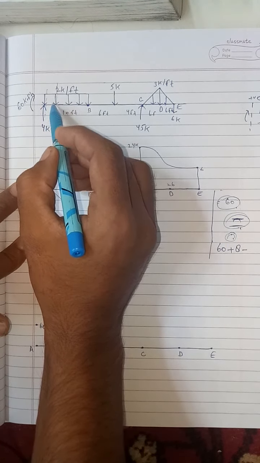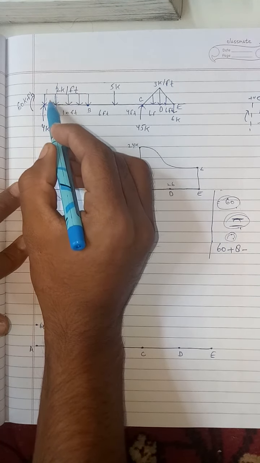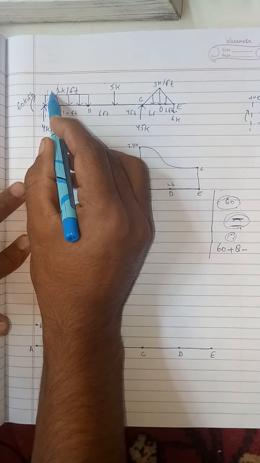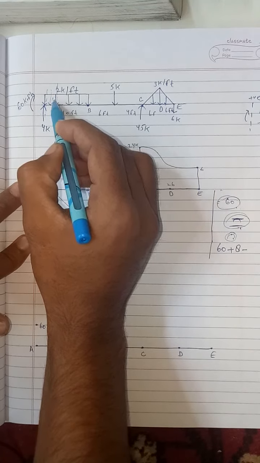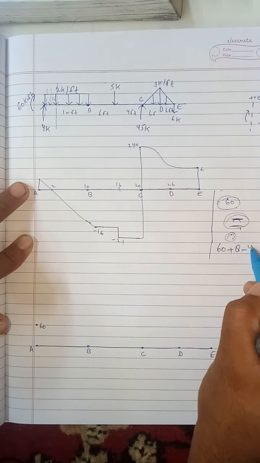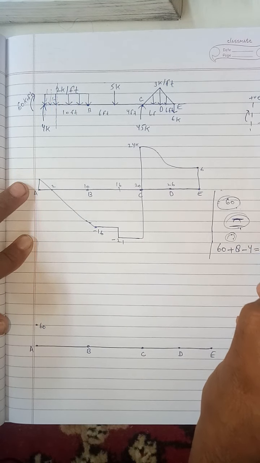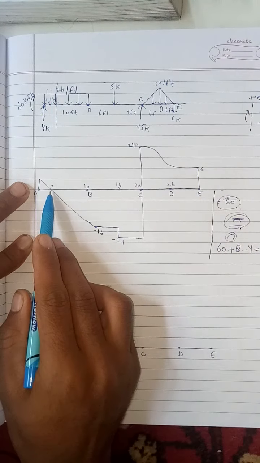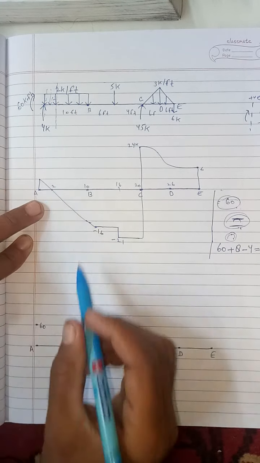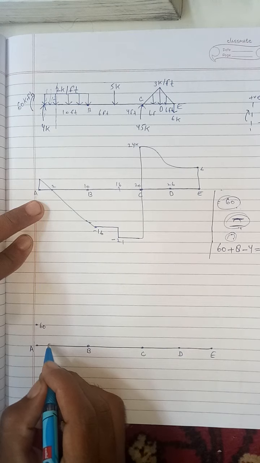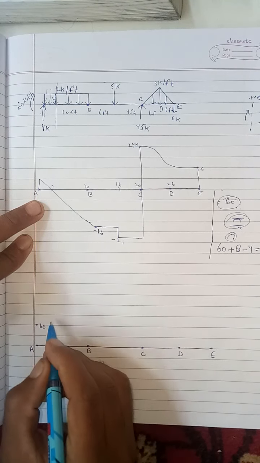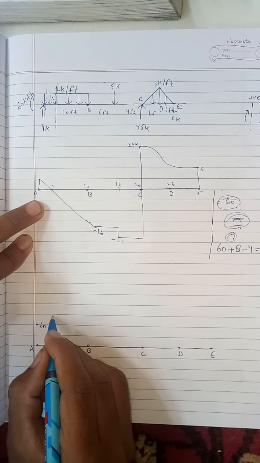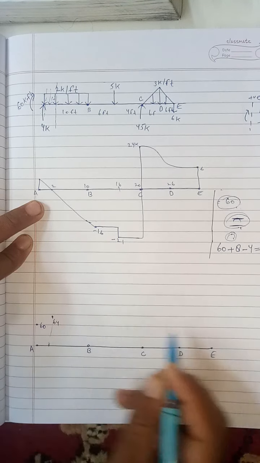This will be 2 into 2, that is 4 N magnitude, and it will act at the center, so this will be 1 meter from this distance. So this is minus 4, which comes out to be 64. It means the bending moment is 64 here at a distance of 2 meters. So I will write 64.